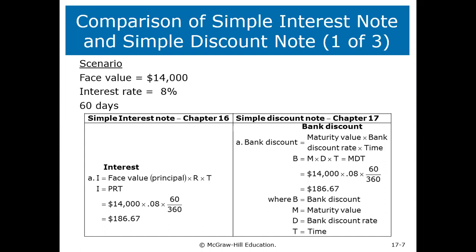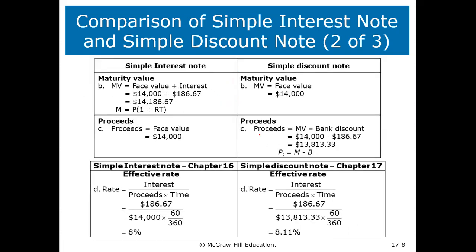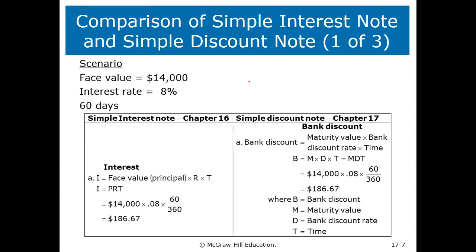So you're subtracting 14,000. You're correct, you subtract 14,000 minus 186.67. So maybe you just copied erroneously the proceeds.